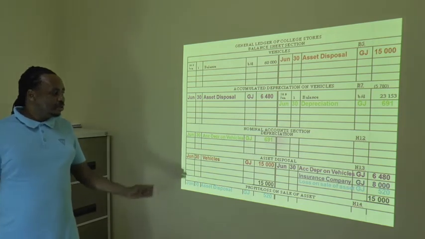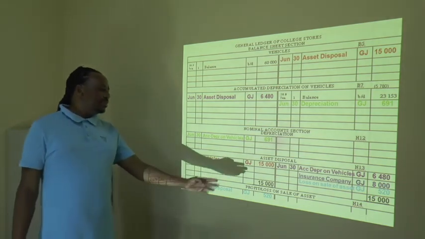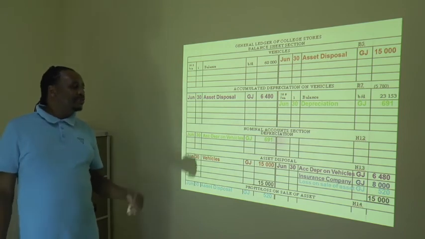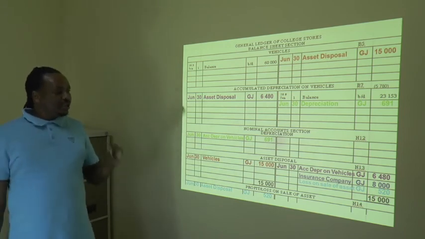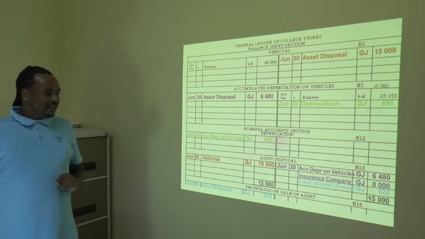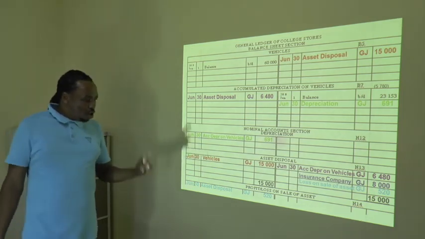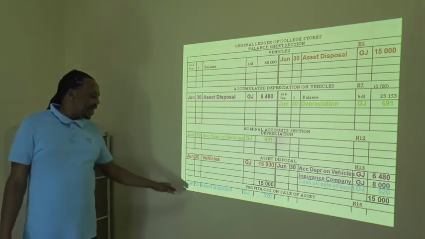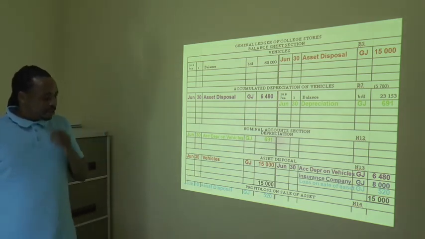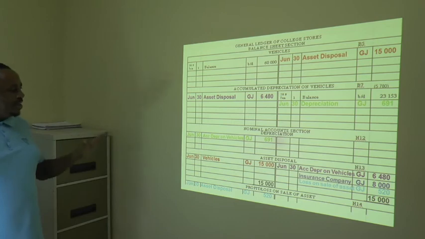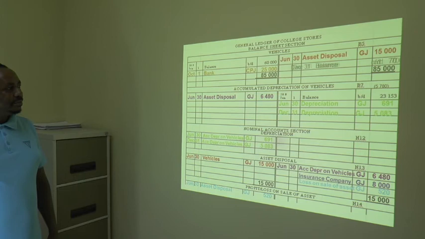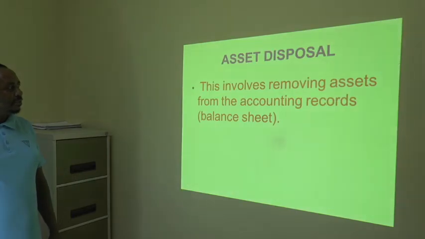And that's how you draw an asset disposal account, which follows the double entry principle. If the asset disposal is credited by a loss on sale of an asset, 520, that means the profit or loss on sale of an asset would be debited by asset disposal, 520. That's how you draw the asset disposal account. And then you close off this account. We close off all these accounts.